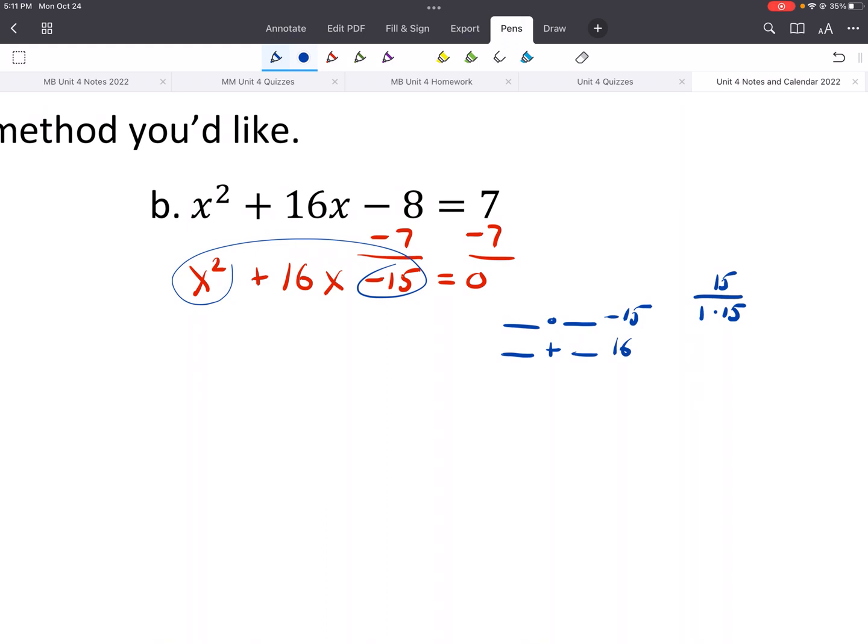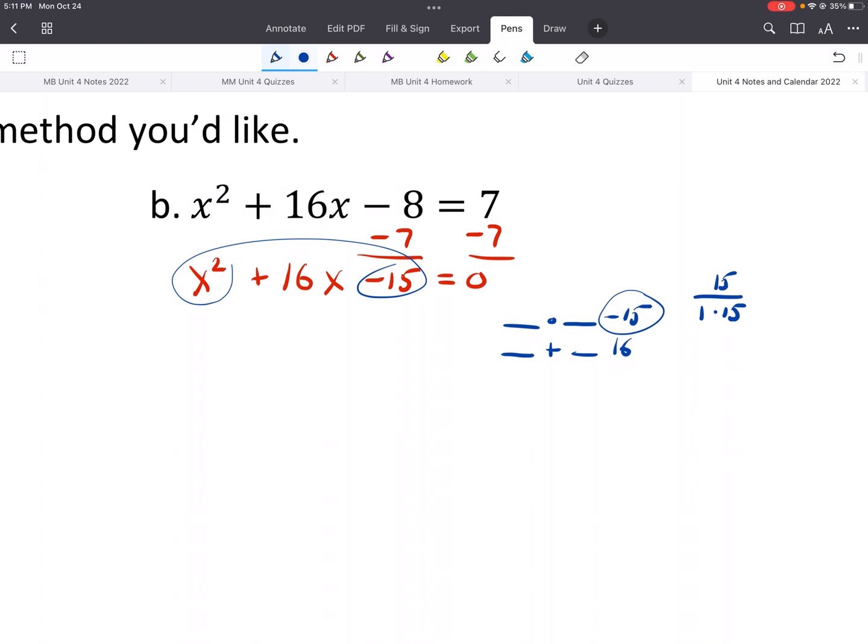Let's see. So I don't think this would work, right? Because to multiply to negative 15, one would be negative and one would be positive. So here I don't think factoring would work, right? Because to give you 16, they would both need to be positive, 1 plus 15. But that can't multiply to negative 15.